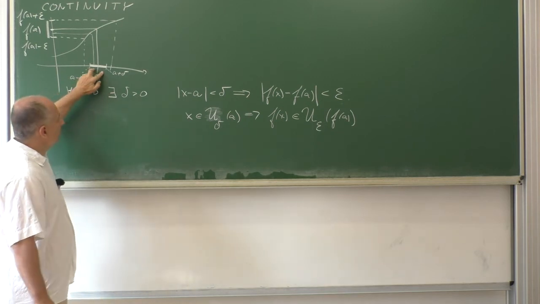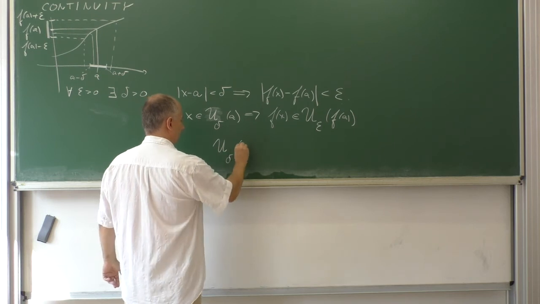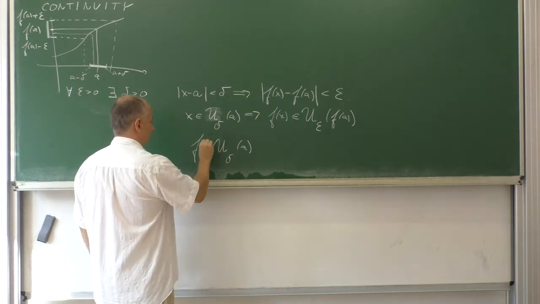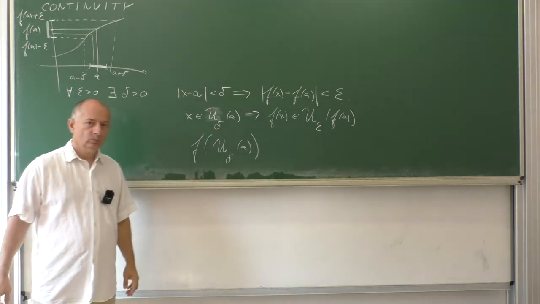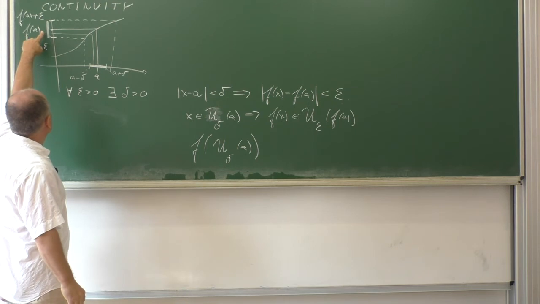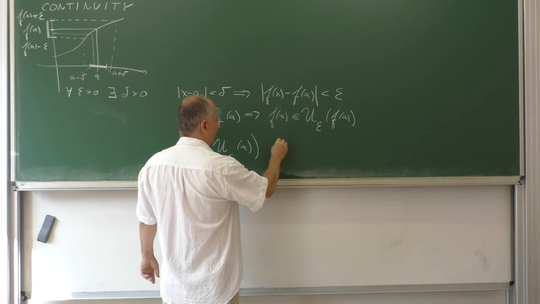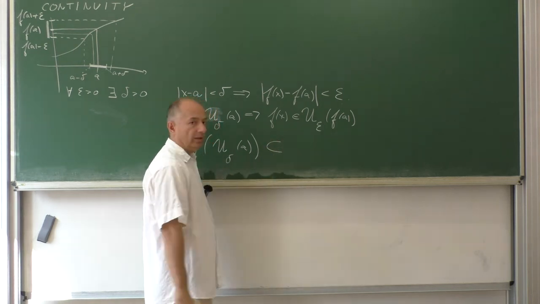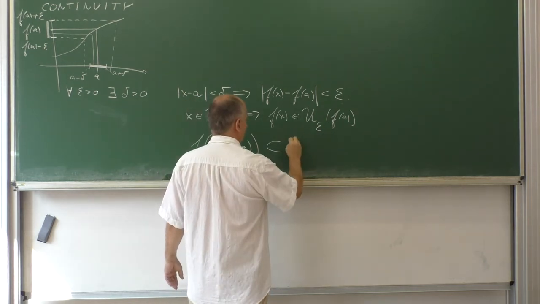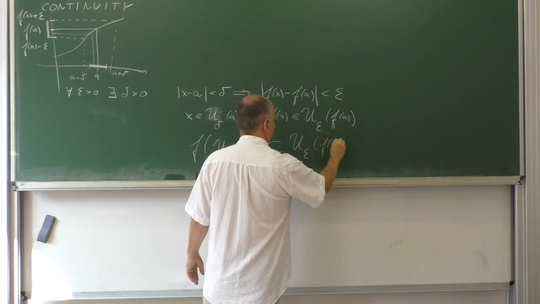Namely, all the points from this set are mapped by the function f into a set that is a subset of the epsilon neighborhood of f(a). So a subset is denoted by U, and this is the epsilon neighborhood of f(a).